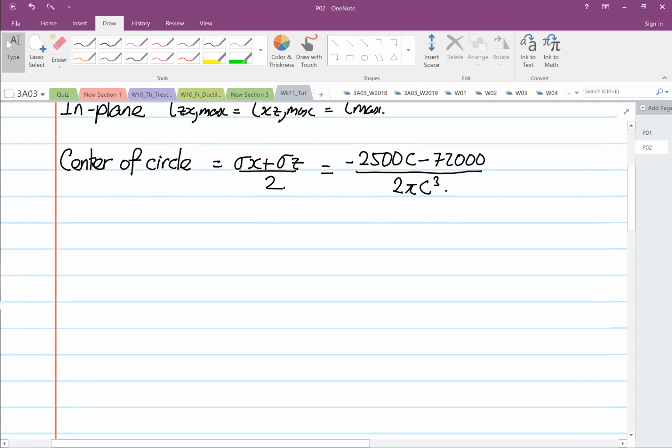Next, we're going to find the radius of the circle.